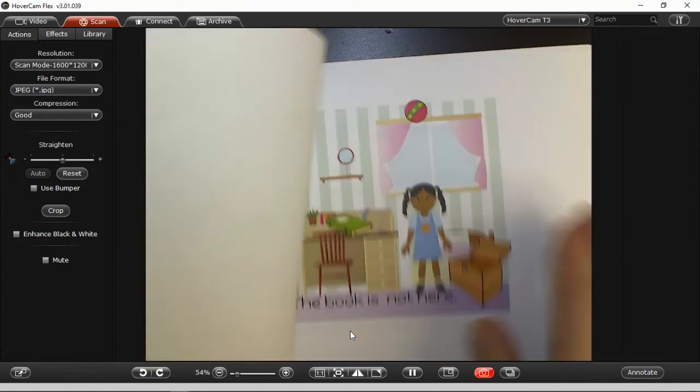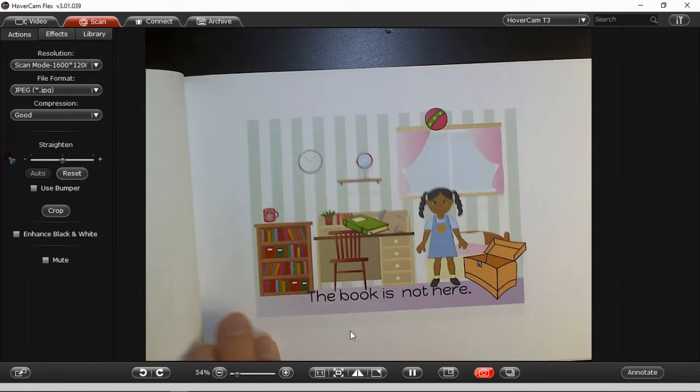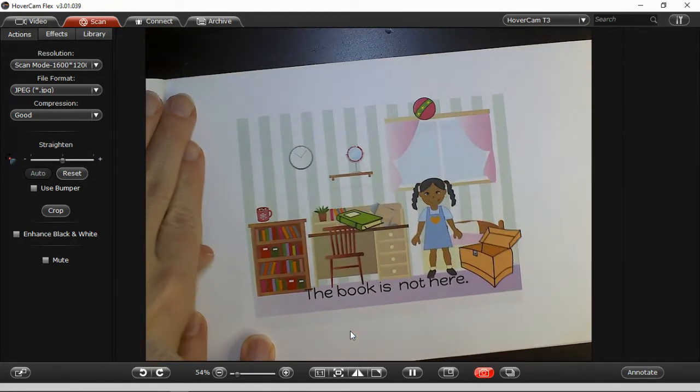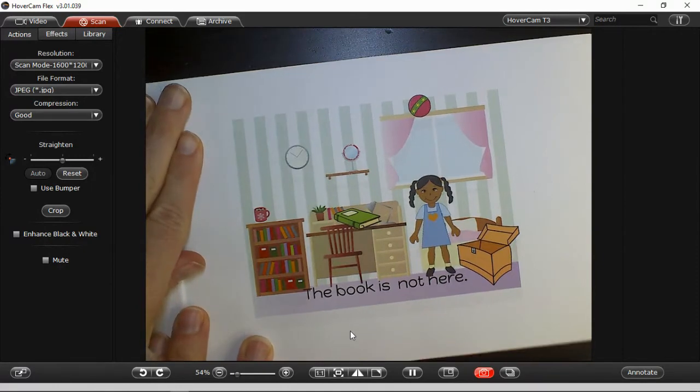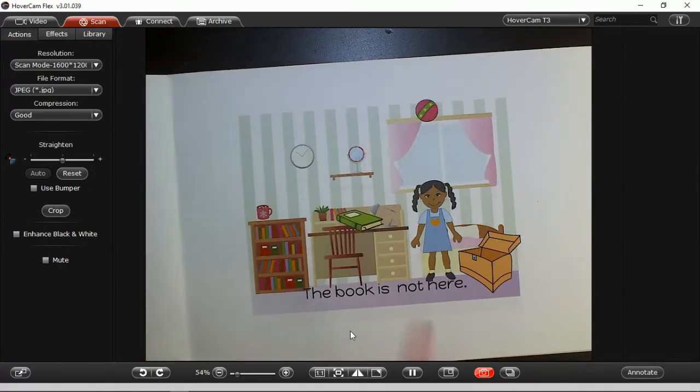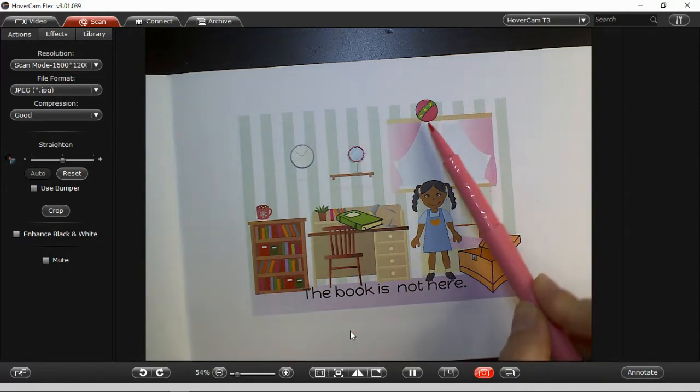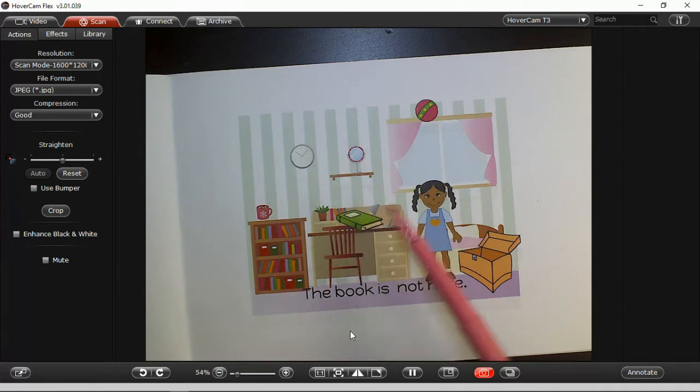Turning the page. What do you notice that's a little different? It starts with a B. It could either be a ball or a book. Let's look at the ending sound. Ball.